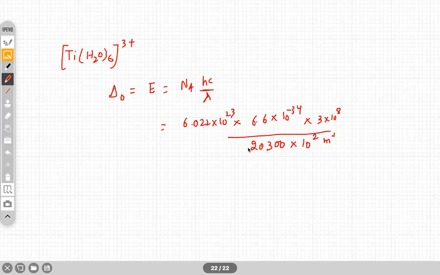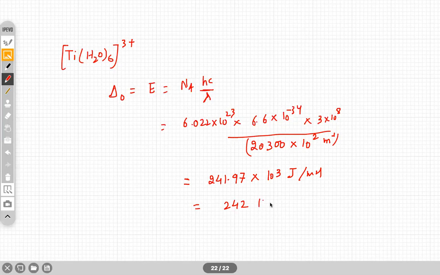The value is given, and this is the experimental value. Okay, when you solve this, you'll get delta O equal to 241.97 into 10^3 joule per mole, which is approximately 242 kilojoule per mole.